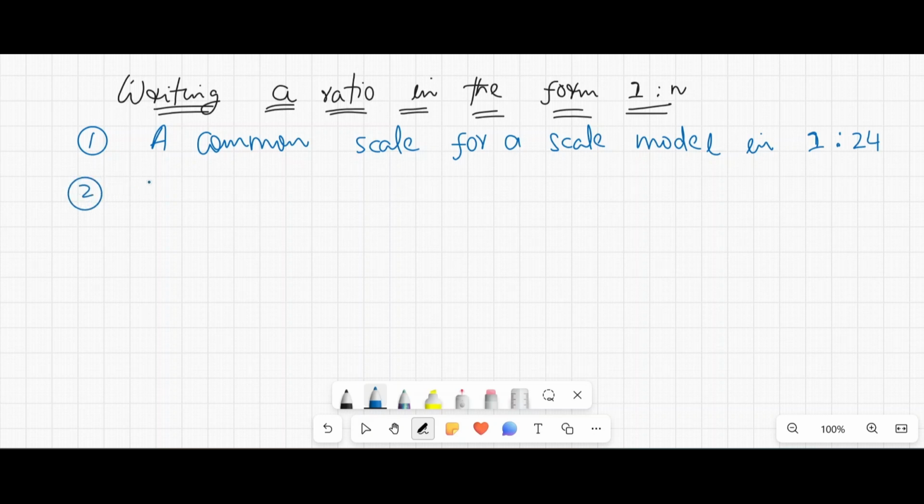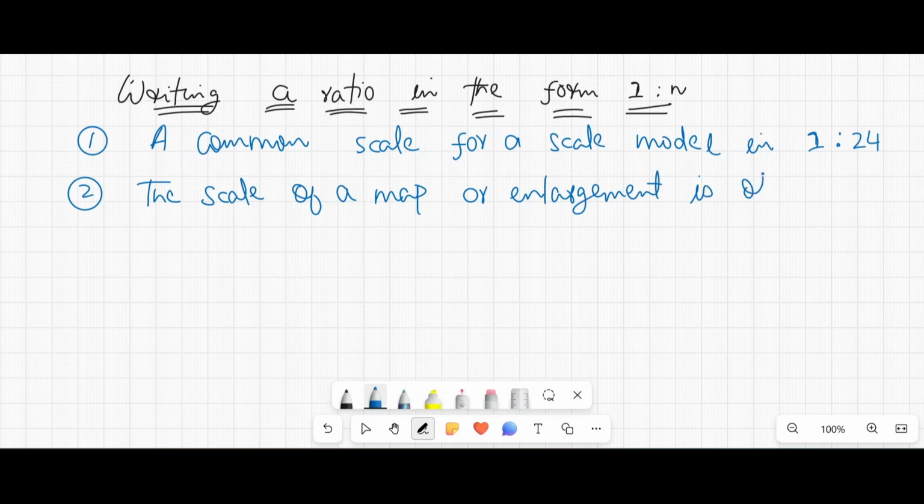And the second is the scale of a map or enlargement, which is often given as 1:n.